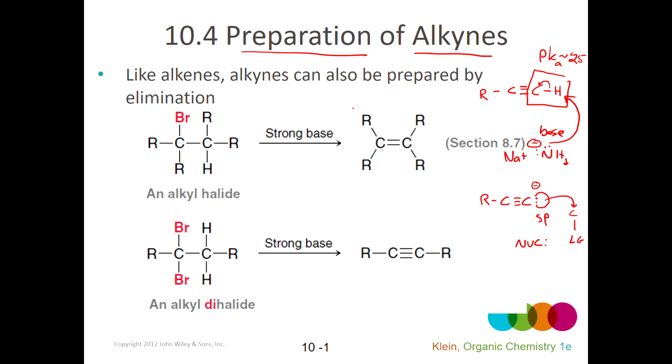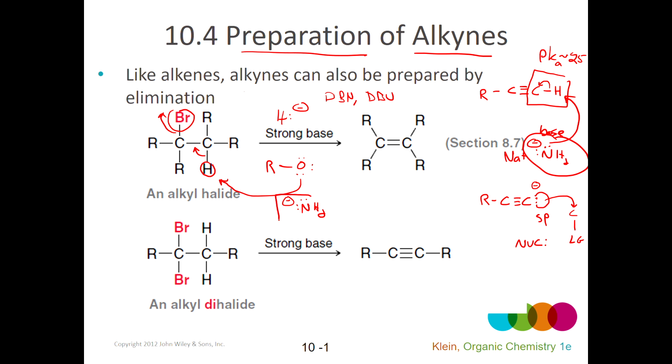So if you start with one leaving group and one beta proton and use a strong base like H minus, the DBN, or the DBU we talked about, or an oxygen, as long as it's sterically hindered enough, I don't have to worry about the oxygen coming in as a nucleophile. It could potentially come in as a base, take a proton, and push out the leaving group. We also now know NH2 is a great base, so that's also an option. So we have a variety of different options.